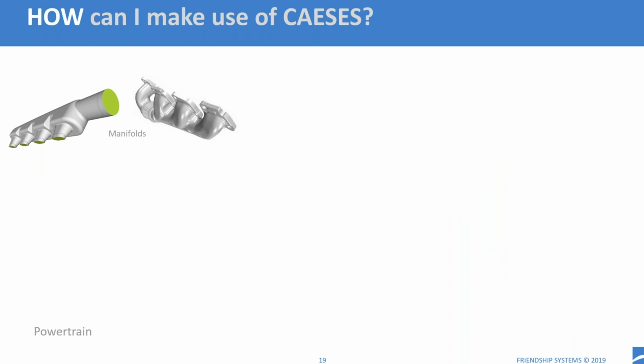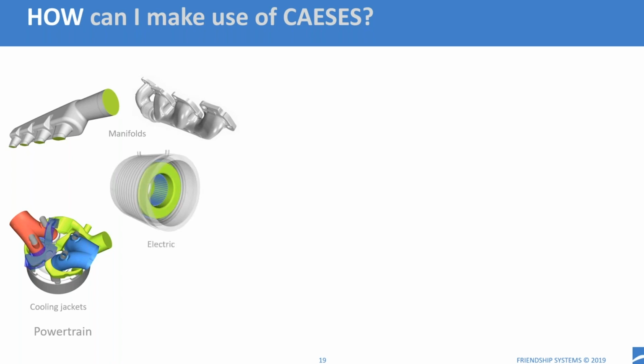Of course, CAESES can also be used for other applications in the powertrain field, for example, exhaust manifolds, intake manifolds, and it can also be used for cooling jackets. Here, typically, morphing methods are used to adjust the shape of the cooling channels. It can also be used for electric powertrain. Here, also, cooling is typically an issue that is addressed with optimization, or for details such as injector design.